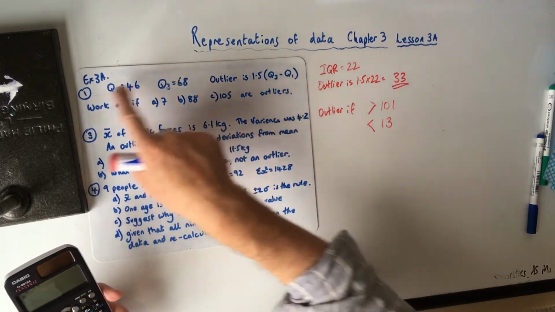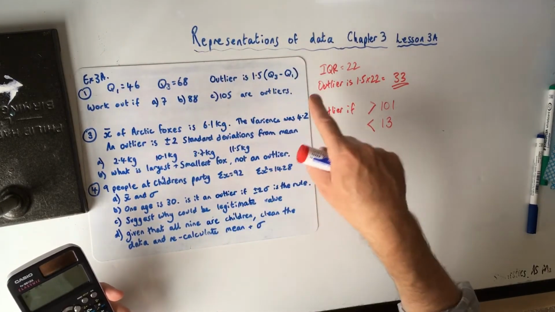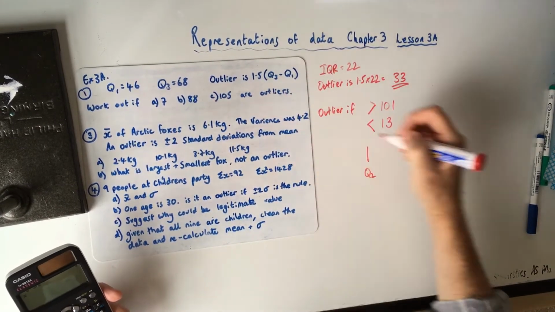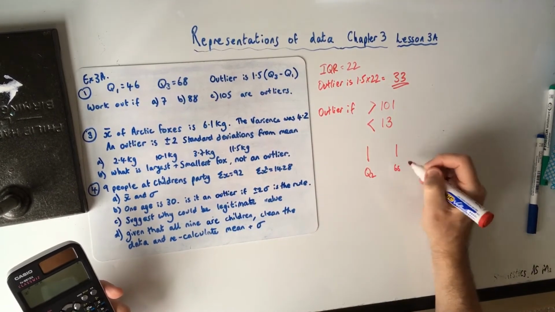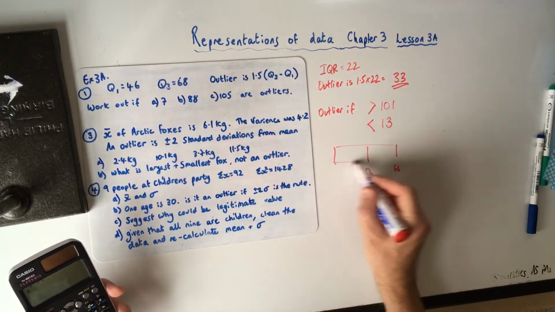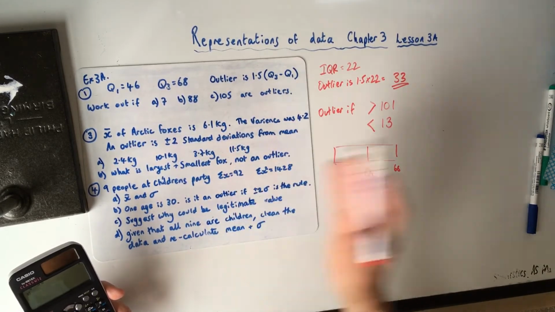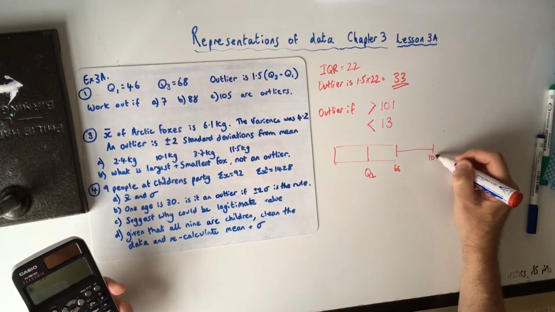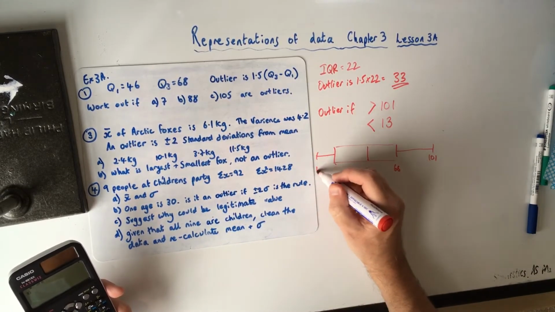We can't see the data, but if we had Q2, we know Q3 is at 68 and Q1 is at 46, we'd have our box plot. Because there are outliers at either end, we'd do our top whisker at 101 and our bottom whisker at 13.